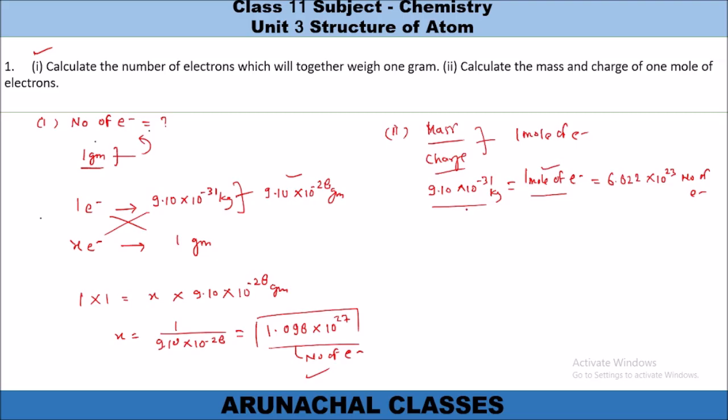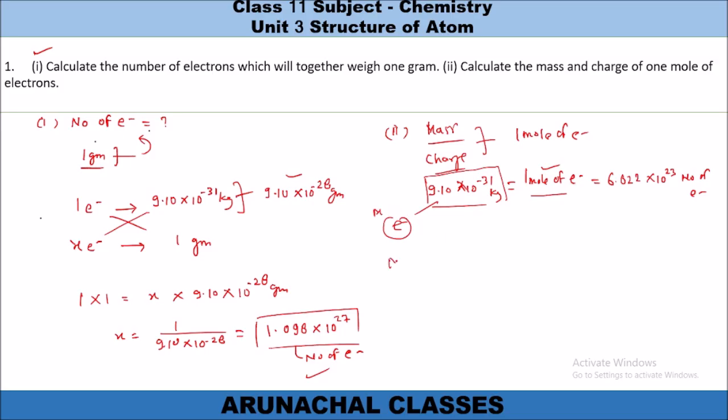So 1 mole of electron will be having the mass, that will be 9.10 into 10 power minus 31 kg. This mass is mass of electron.